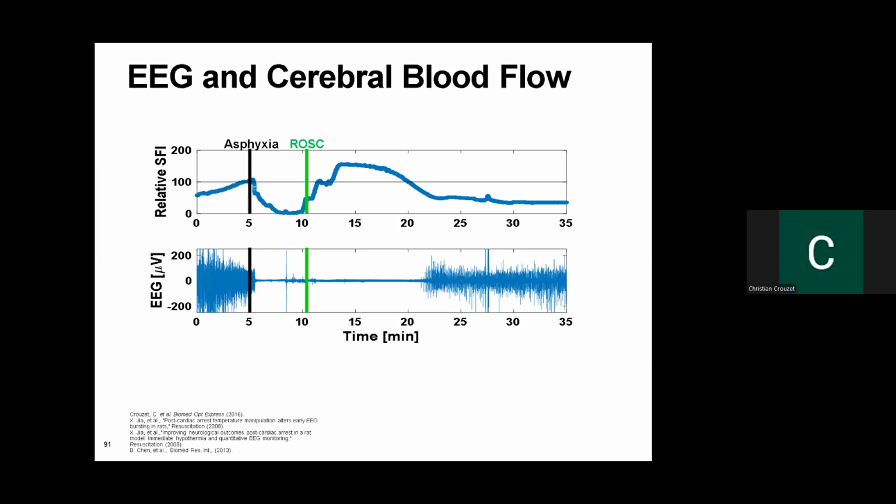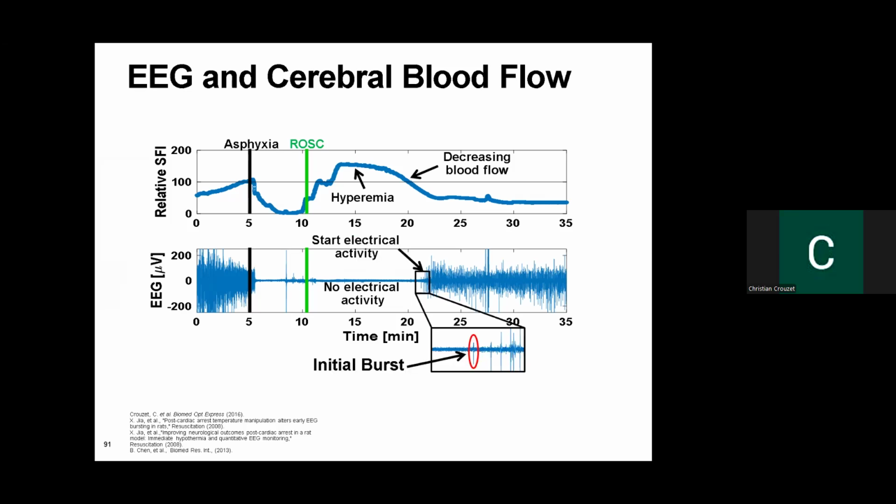So now that we know what EEG looks like, how does it look with respect to the cerebral blood flow? We have the hyperemia phase when there's no brain electrical activity. And one thing that we observed, just looking through all the data, was that when the LSI data shows a decreasing blood flow, that typically is around the same time that the initial burst, or the start of electrical activity, is beginning.